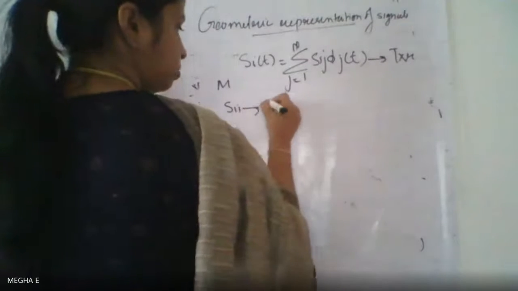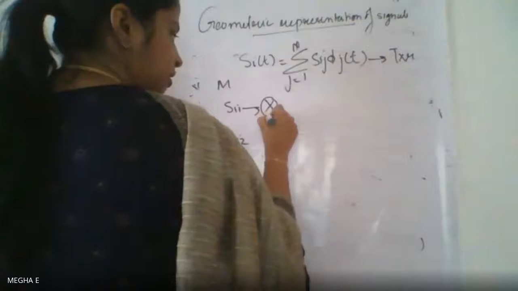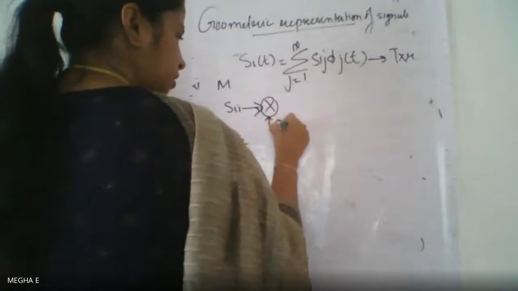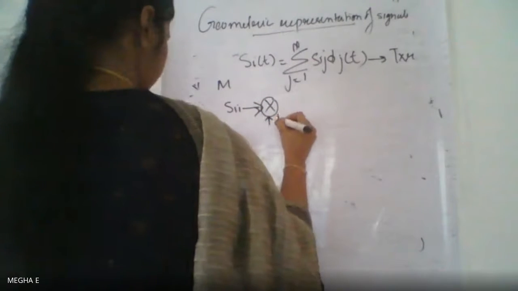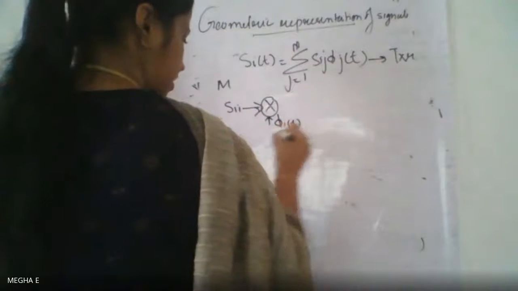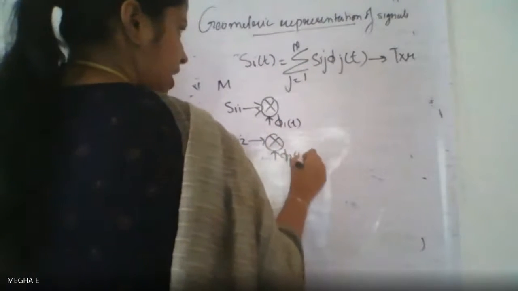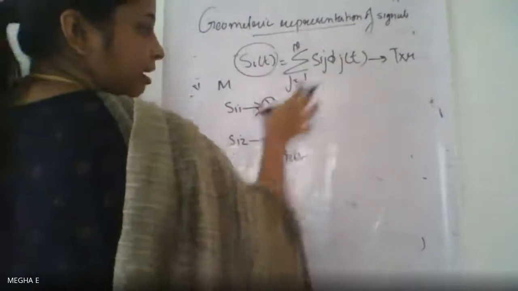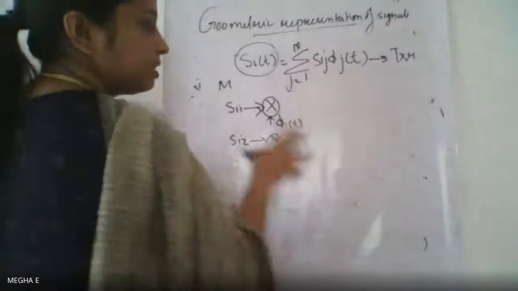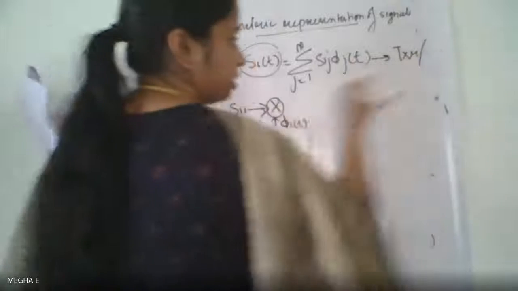So this we are giving to a product modulator with the basis function phi 1 of t and phi 2 of t. അതായത് ഈ Si of t എങ്ങനെയാണ് ജനറേറ്റ് ചെയ്തെടുക്കുന്നത്, അതായത് സിന്തസൈസർ ആണിത്. ഈ ട്രാൻസ്മിറ്റർ ഇസ് ഓൾസോ നോൺ ആസ് സിന്തസൈസർ.